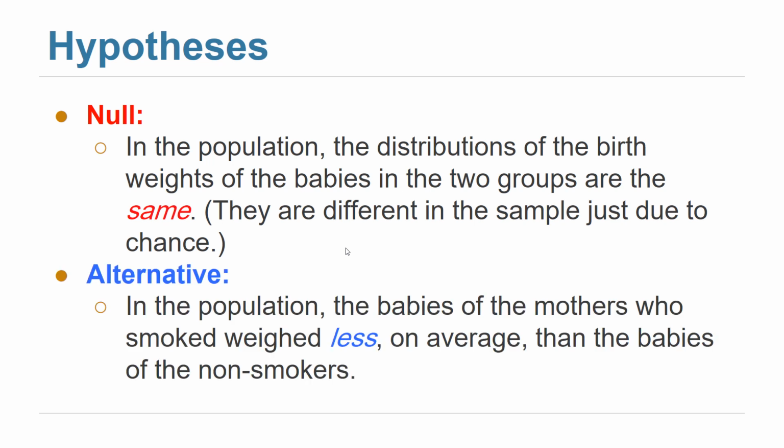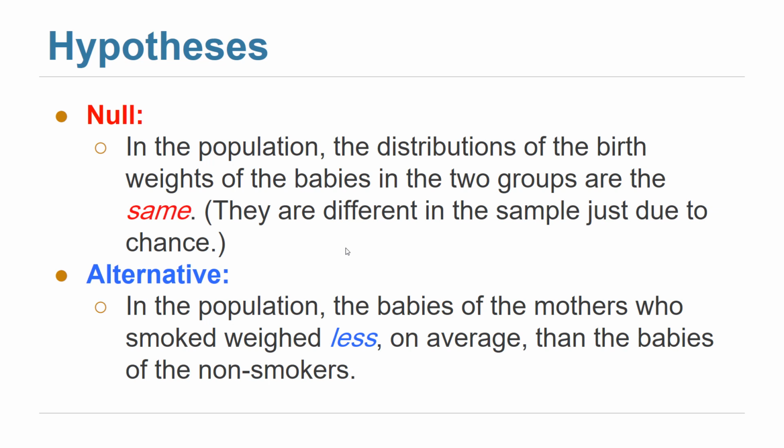But the alternative hypothesis states that the babies of the mothers who smoked weighed less on average than the babies of non-smoking mothers. These are the two hypotheses that we will consider in our testing.